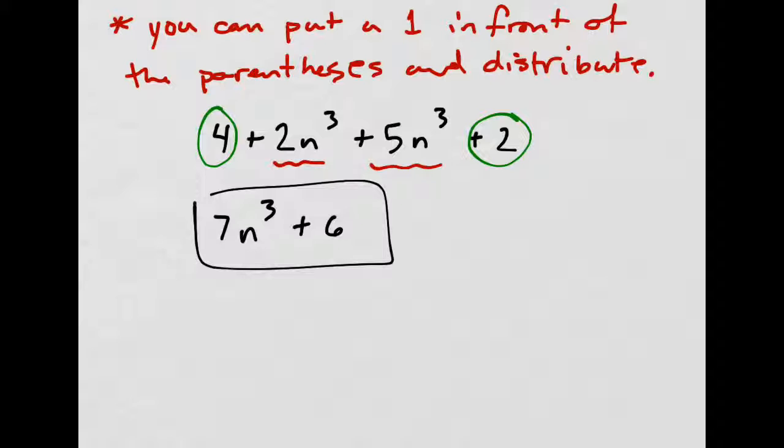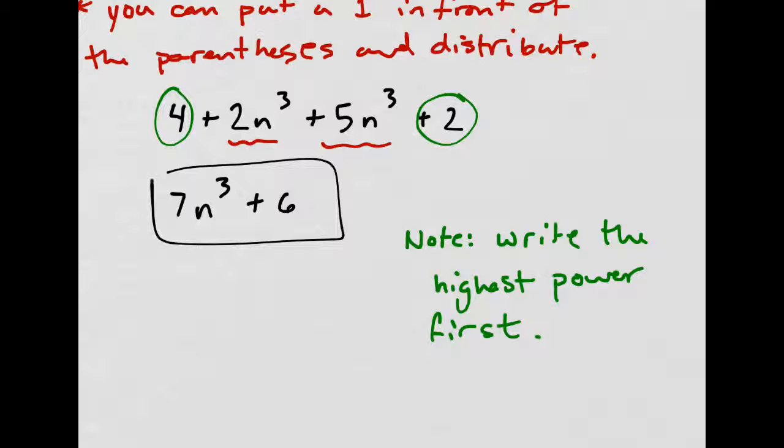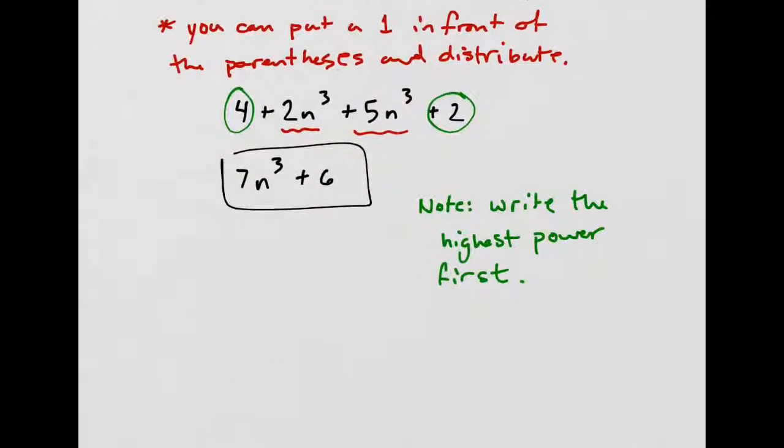That's all we're doing. You always write the highest power first. So you write the highest power first and then go down from there. Also, let's remember what like terms are.